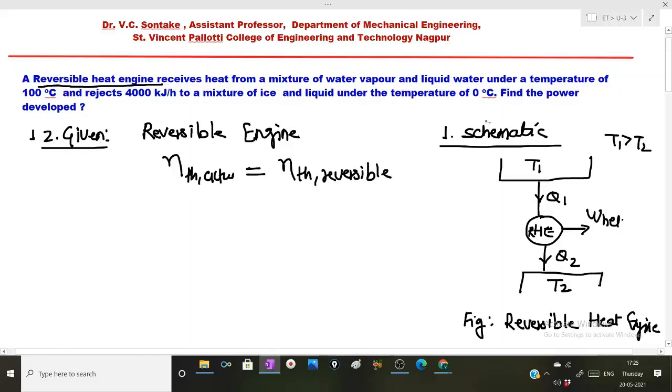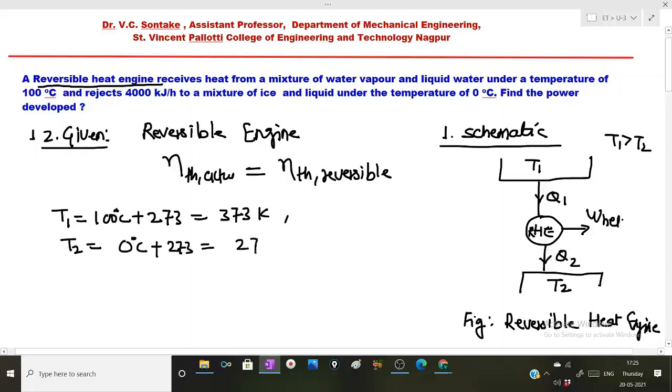Then, what is 100 degrees Celsius? This will be the source temperature. So we will convert it into Kelvin immediately. Then what is 0 degrees Celsius? It will be the sink temperature. We will convert it into Kelvin immediately.